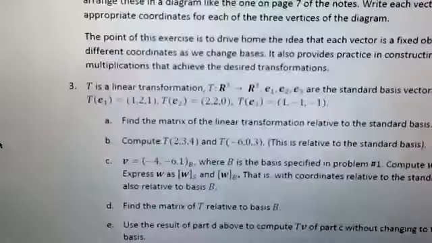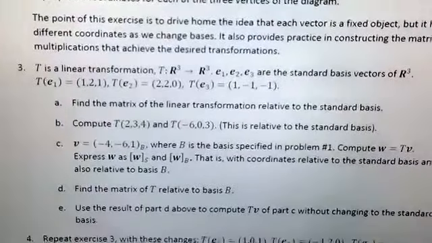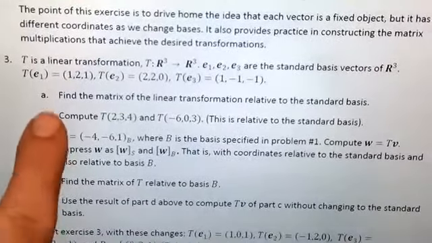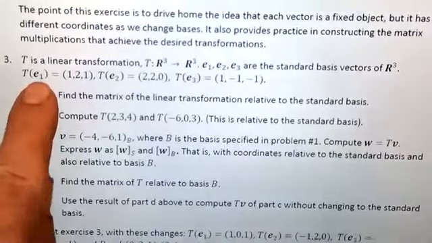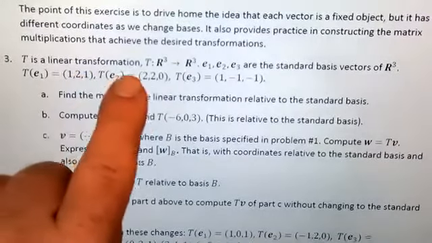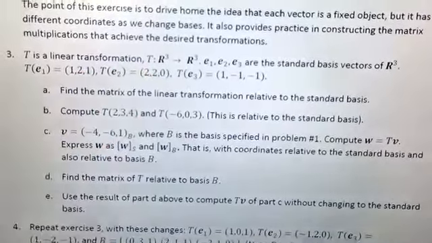I'm going to switch to my document camera. Okay, so actually, I don't have a good way to get that up on the screen. Let me try this. Whew, that might actually work. So it says T of E1 is 121, T of E2 is 220, etc.